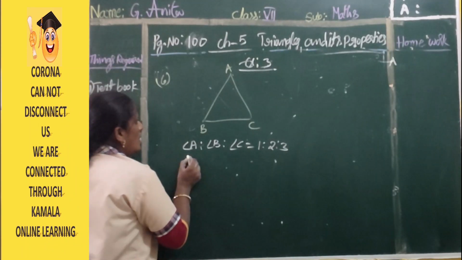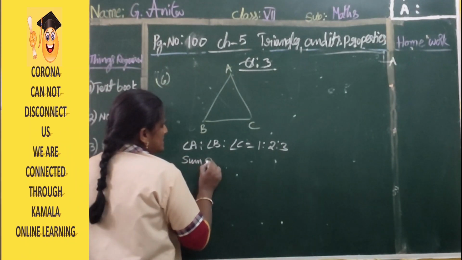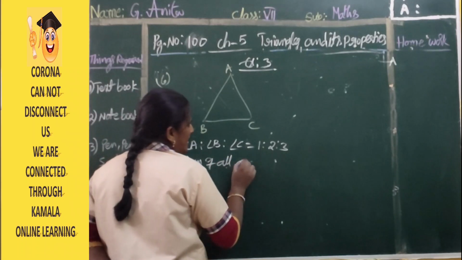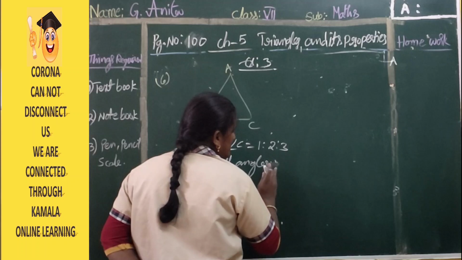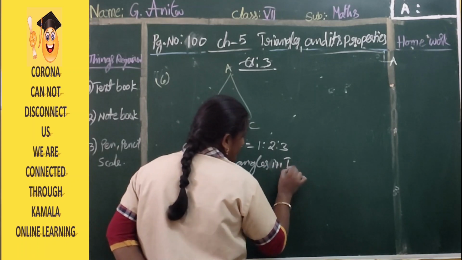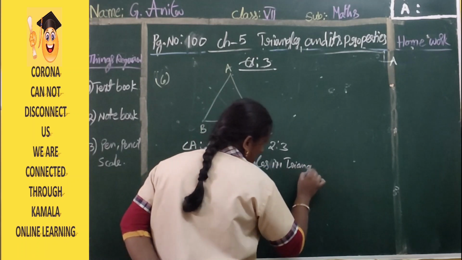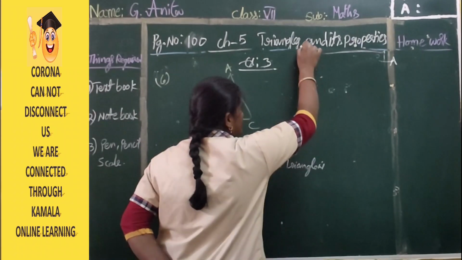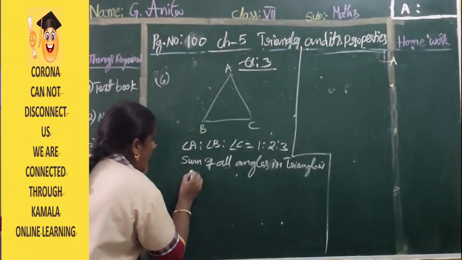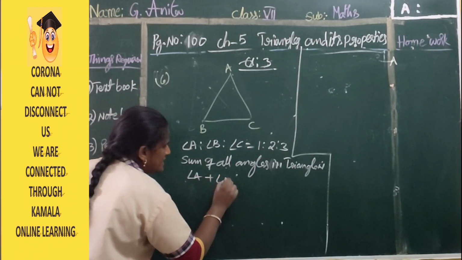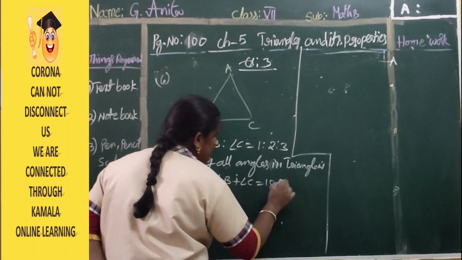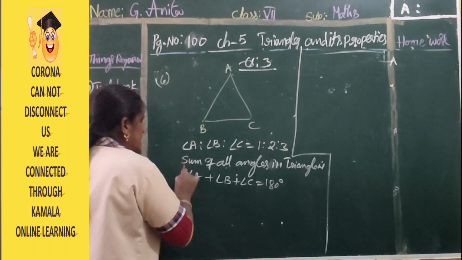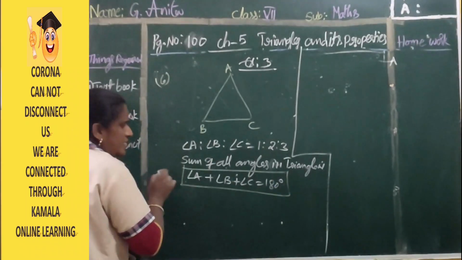The sum of all angles in a triangle, angle A plus angle B plus angle C, should be equal to 180 degrees. You know this already.